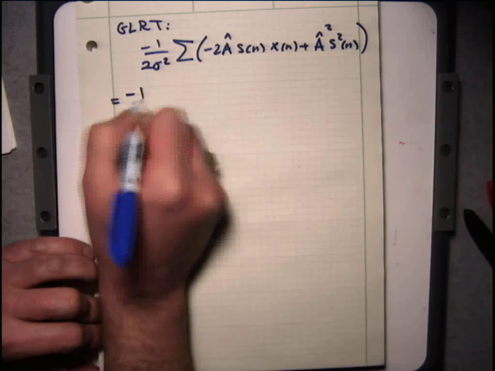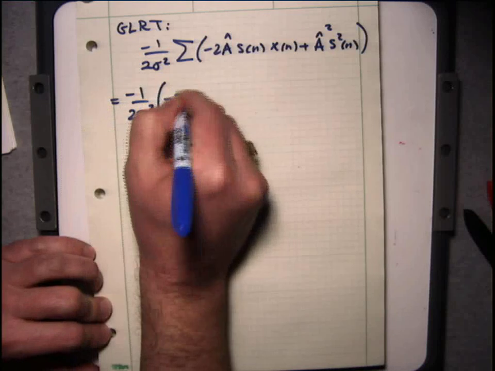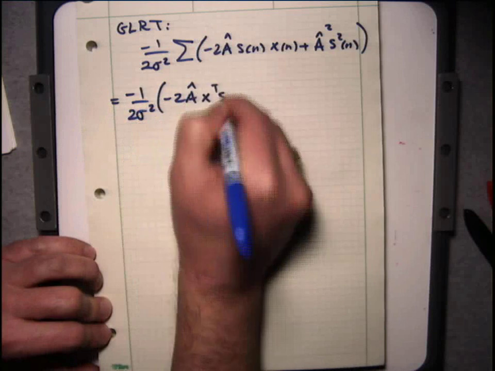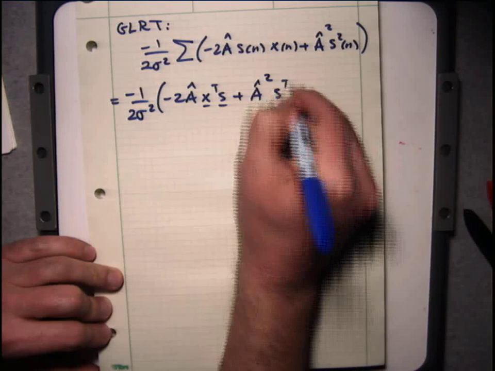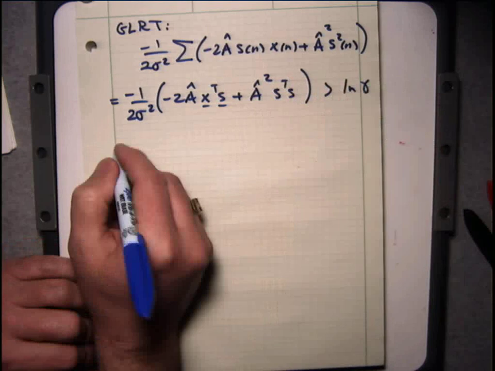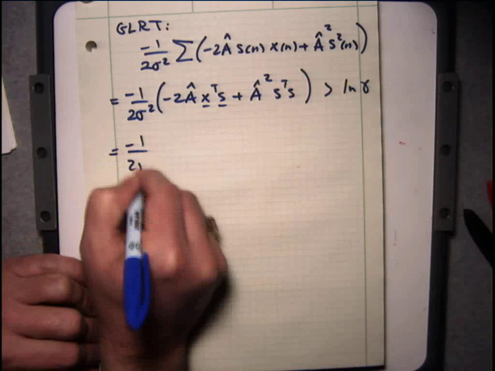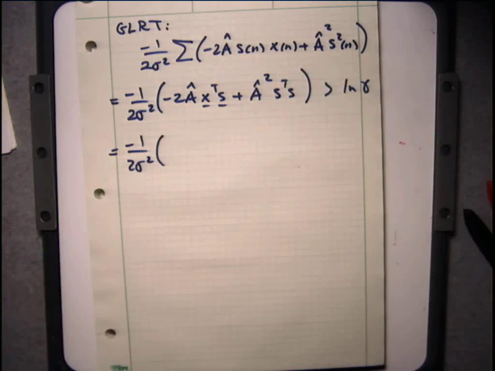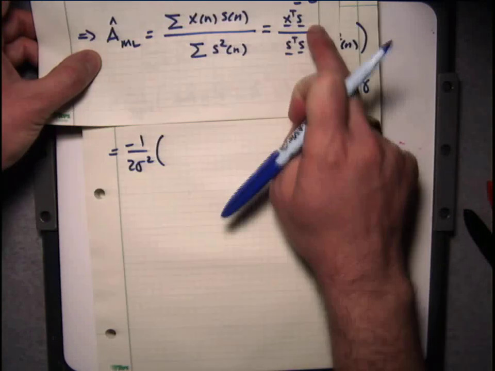So minus 1 over 2 sigma squared, minus 2 A hat times x transpose s plus A hat squared s transpose s. Okay, again, this compared to some threshold. Minus 1 over 2 sigma squared. Now, remember what the definition of this A hat was. A hat maximum likelihood is x transpose s divided by s transpose s.